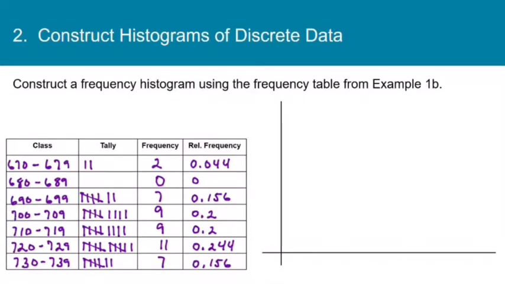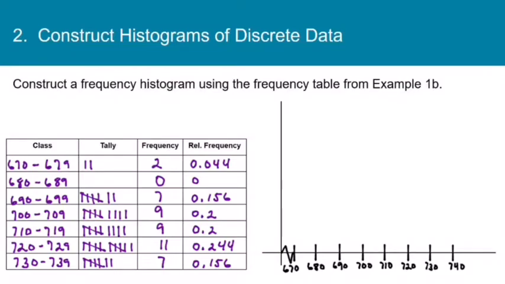So what we will do is label the horizontal axis with the lower class limit of each class. Now you'll notice I've put a little break symbol here, and that's just because we don't want to count from 0 to 670, but where the axes cross really is supposed to be 0.